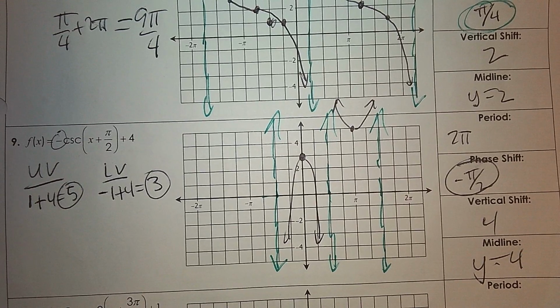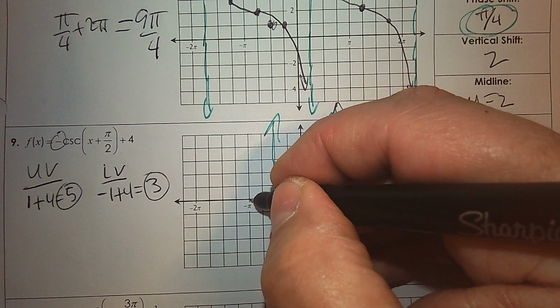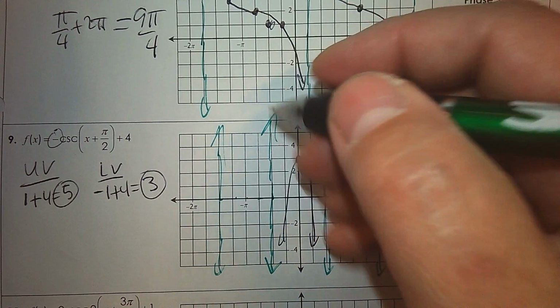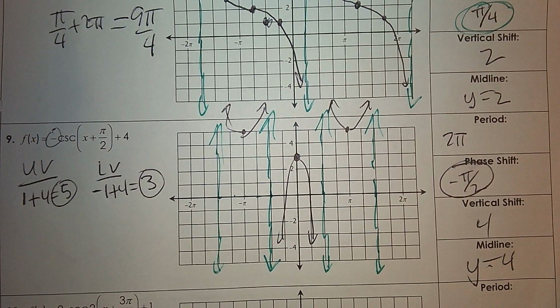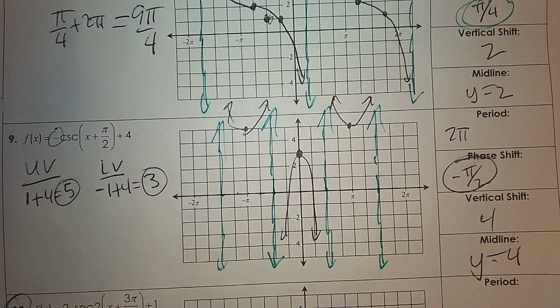So let's follow that pattern. Do it one more time. And you have your graph. Kind of looks like a grumpy old man. Me. Number 10. I'm not a grumpy old man.